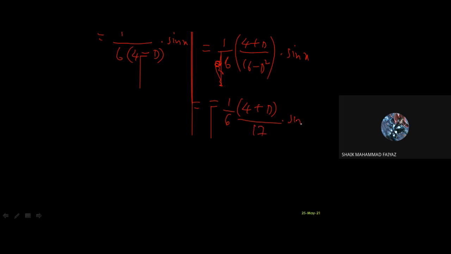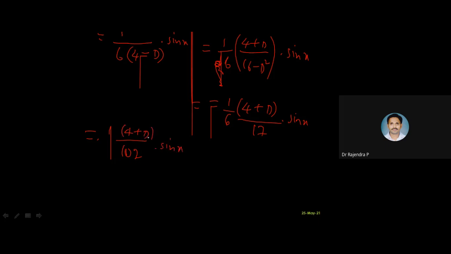Into sin x. 17 times 6 is 102. So 1 by 102 times 4 plus D in the numerator into sin x.